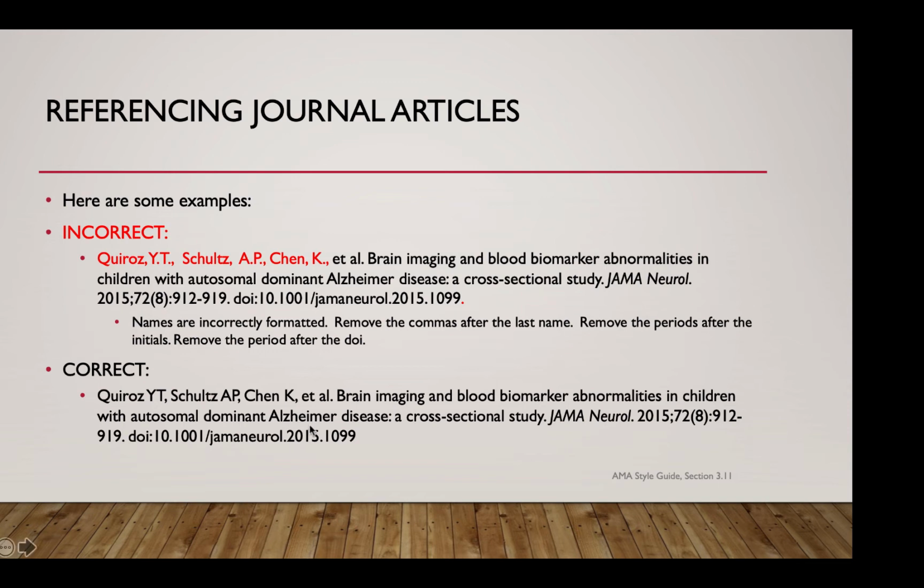So we do not want commas after the author's names, and we do not want periods after the author's initials. And again, as you will see on the corrected, there is no period after the DOI. In the incorrect, there is a period after the DOI.